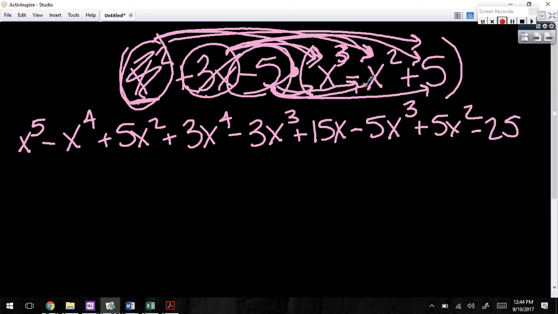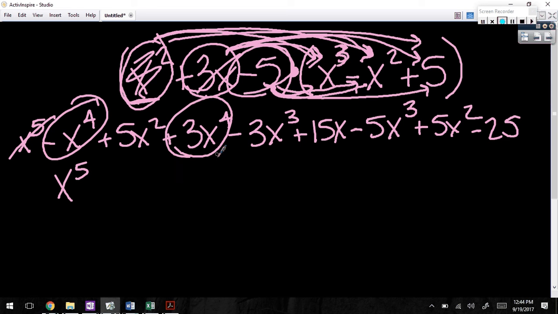All right, like terms. I've got a power of 5. How many 4s? I got negative 1 and 3, which would give me what? 2. Oh, we're doing adding? Yep, we're just combining like terms. How about powers of 3?